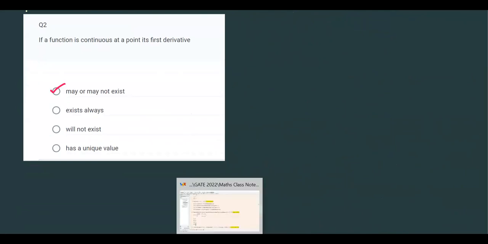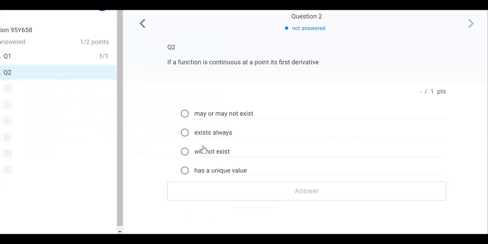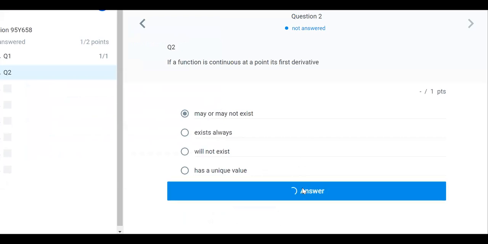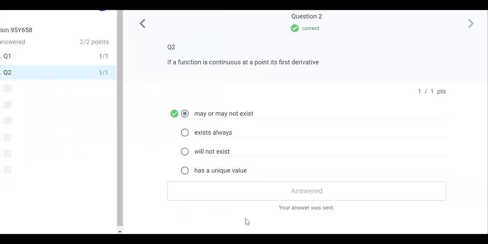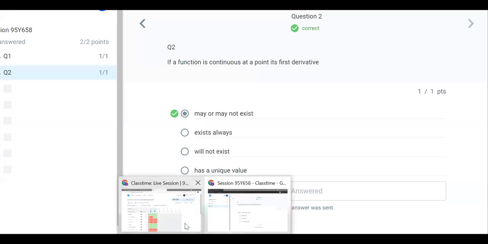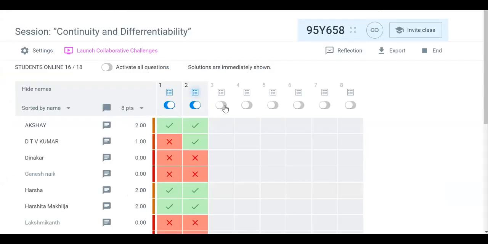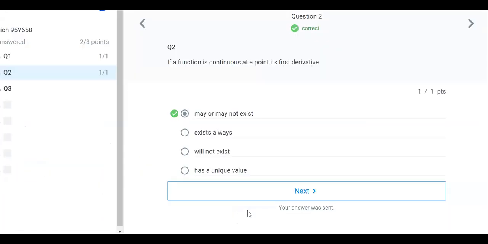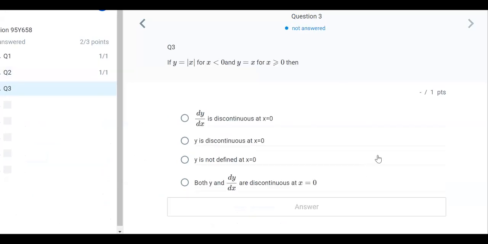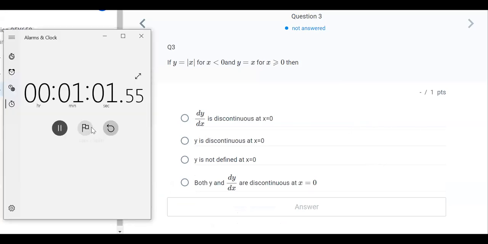So next question we'll move on to. Now the third question. Go to the class time and check for the third question. Again, there's a problem that has already been done. I'll just give 1 minute time.